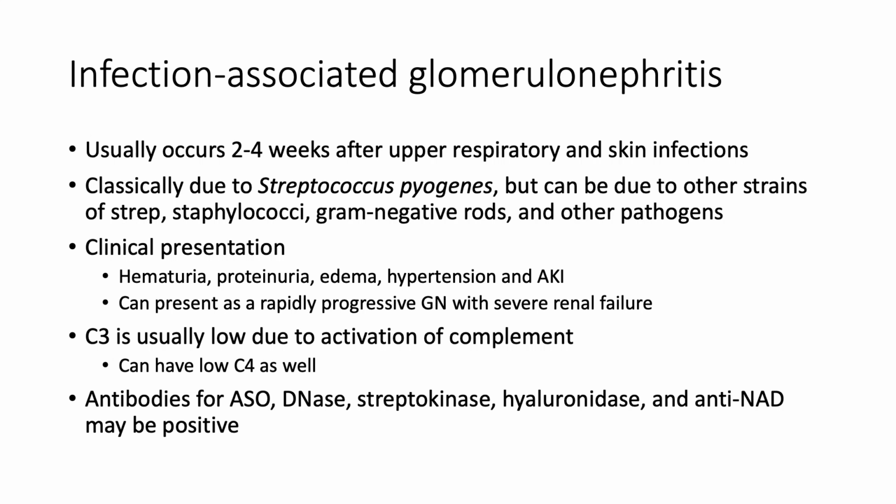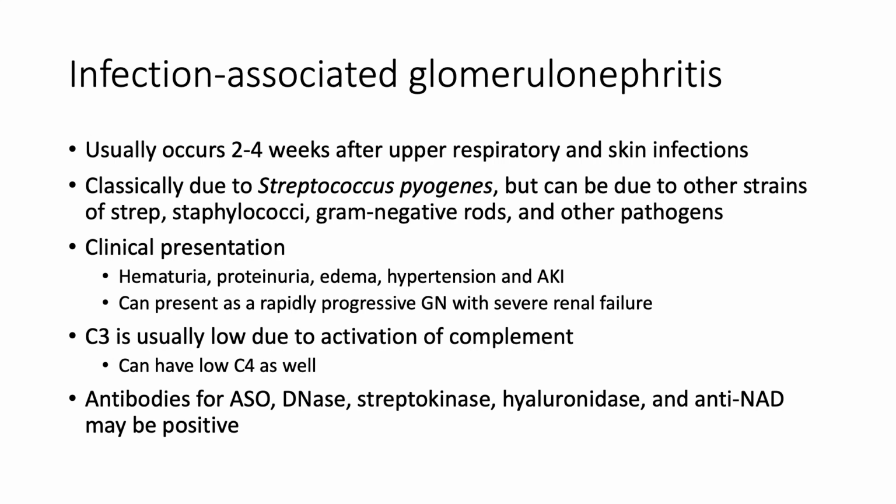The clinical presentation is typically going to be your standard acute nephritis with hematuria, proteinuria, hypertension, acute kidney injury, and frequently edema as well. It can present as a rapidly progressive GN with severe kidney failure. Typically on labs, you're going to have low C3 due to activation of complement.